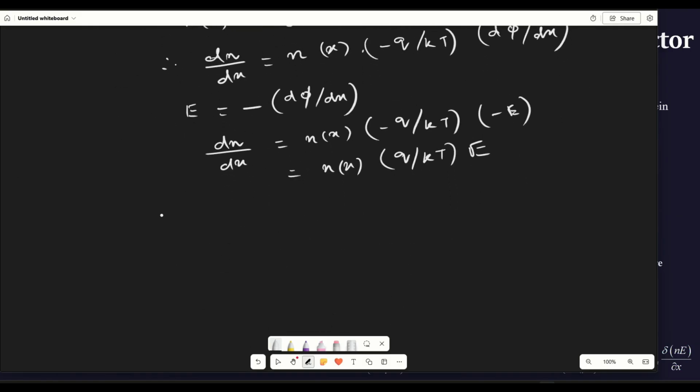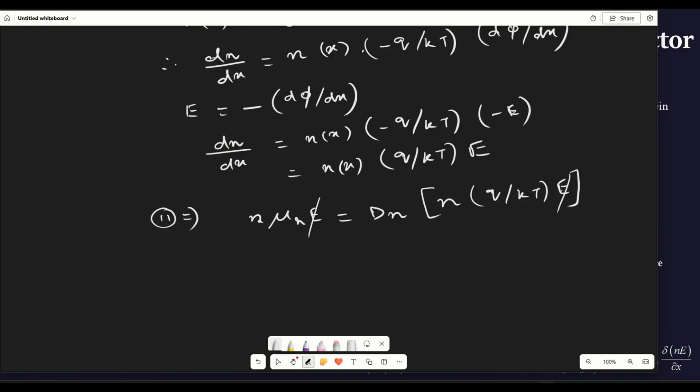suppose equation 2. Putting these values in equation 2, we are going to have n mu n E equals dn n q by kt into E. So here E and E get cancelled, n gets cancelled, so we have mu n given as dn into q by kt.